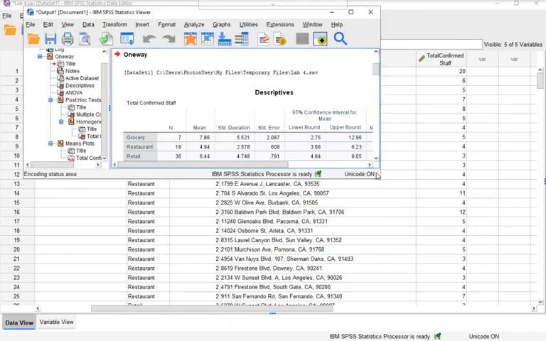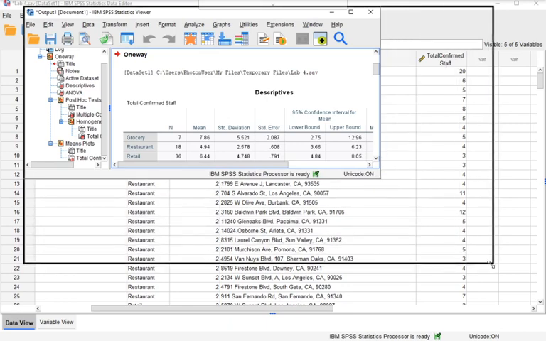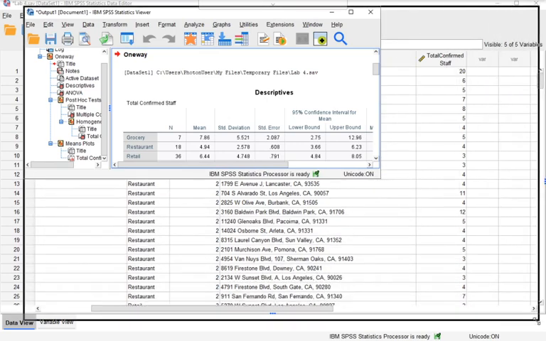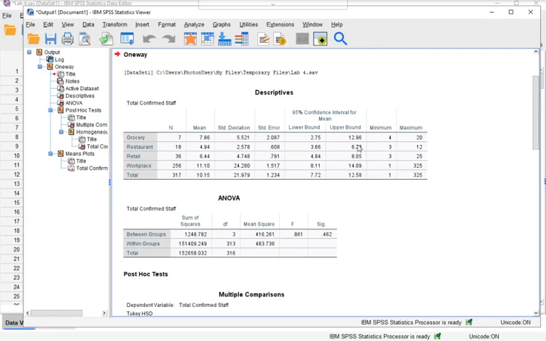So at the top, it looks like my descriptives are here, right? So these numbers will go into our write-up, right? Our mean, and then, okay, so notice how there's a lot of workplace.